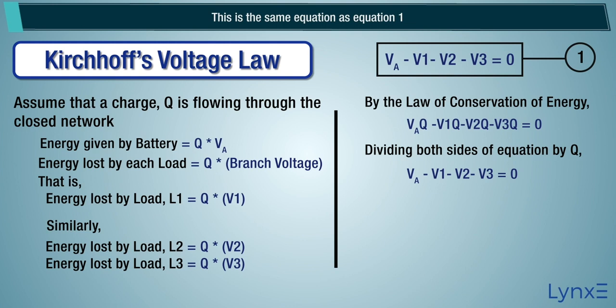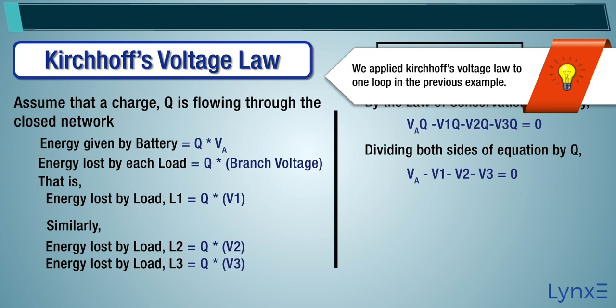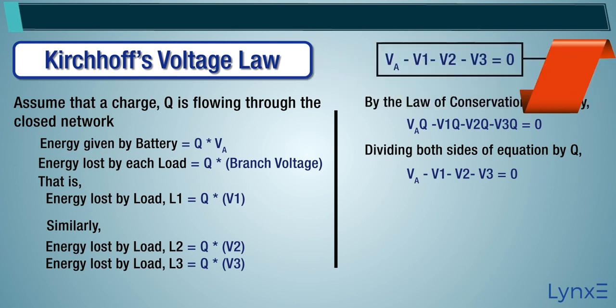This is the same equation as equation 1. So, we have proved Kirchhoff's voltage law. Note: we applied Kirchhoff's voltage law to one loop in the previous example. But, in reality, we can apply it to a network with any number of loops.